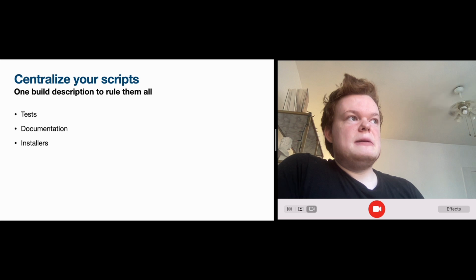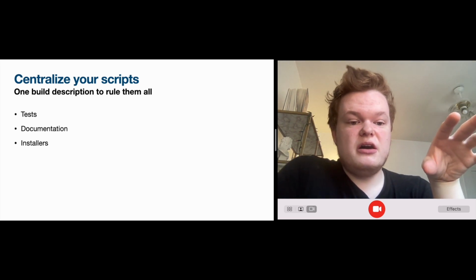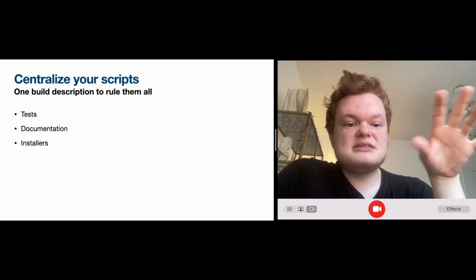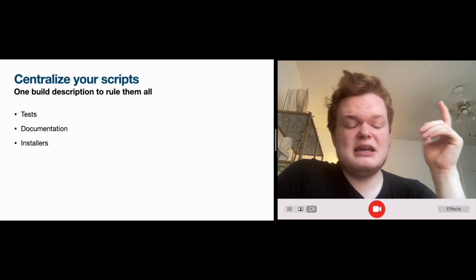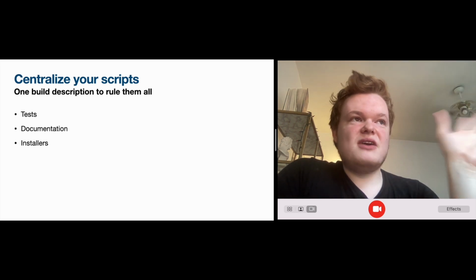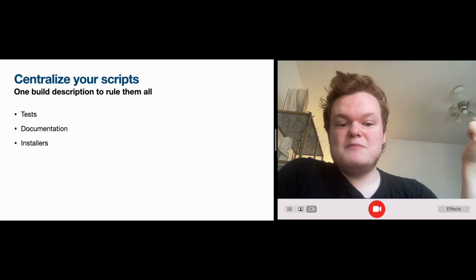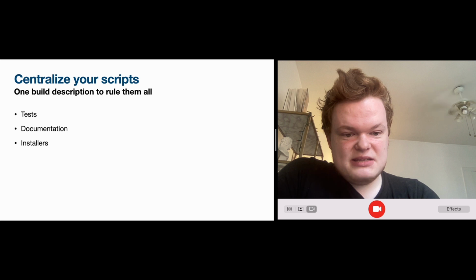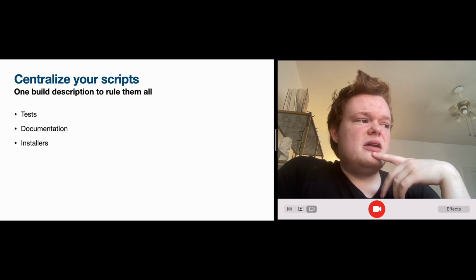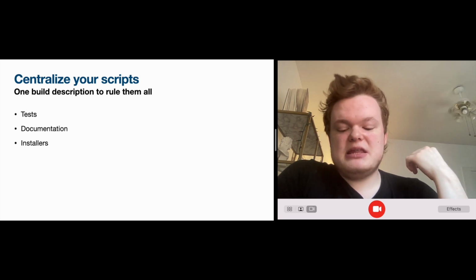CPack does the same thing. So you have an agnostic description of what things get installed, and you can define components and installer types and all these fancy features, and then you can just tell CPack, okay, make a Package Maker installer from this, make an NSIS installer from this, and it also has support for like deb and RPM packages and things like that.